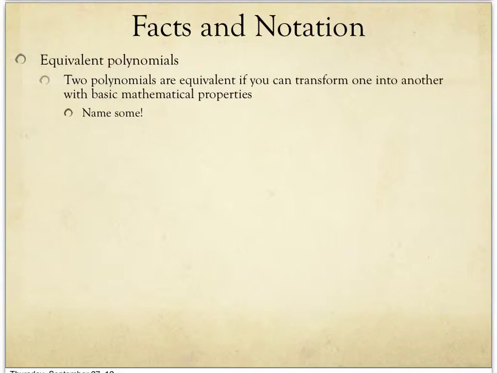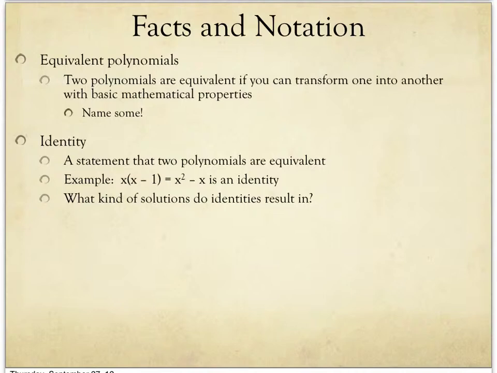Now let's talk about some other facts and notation. Two polynomials are considered equivalent if you can transform one into another with basic mathematical properties, okay? An identity is a statement that two polynomials are equivalent. For example, x times x minus 1. If we multiply x times x, we get x squared. And x times negative 1 gives me negative x.